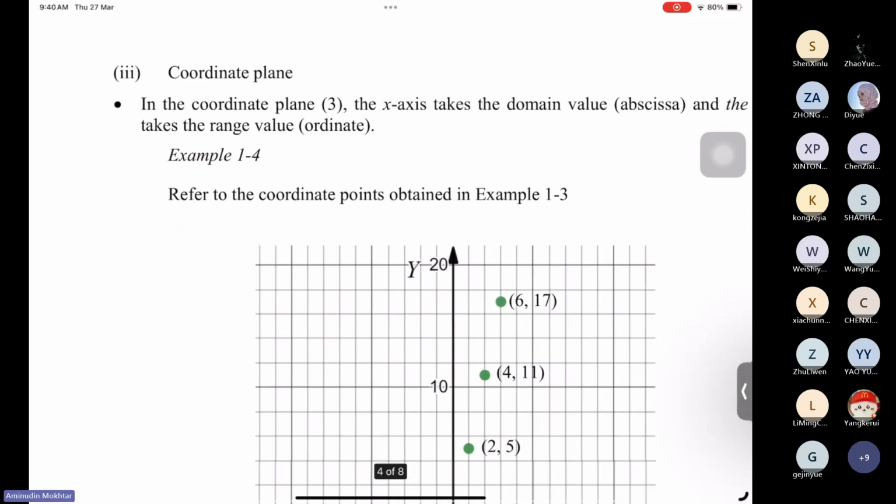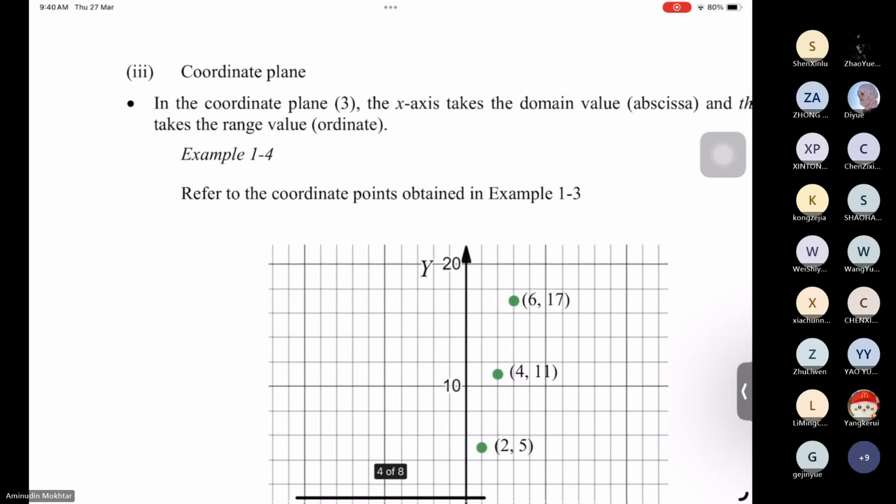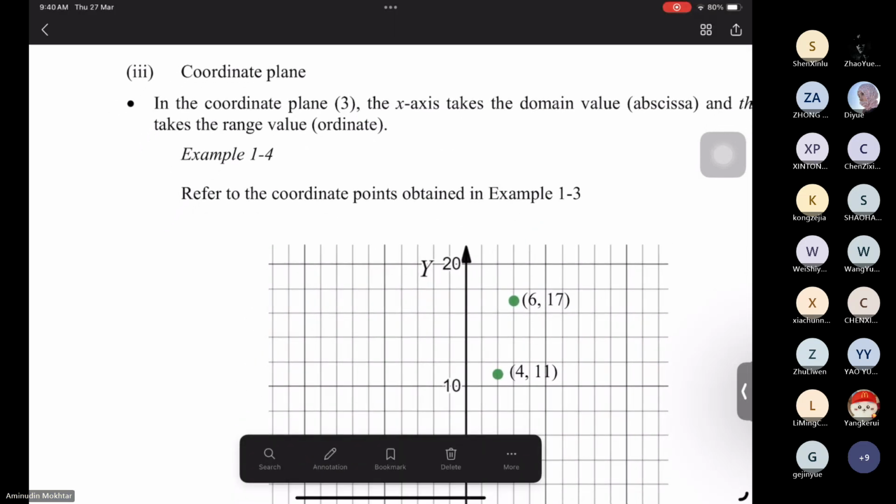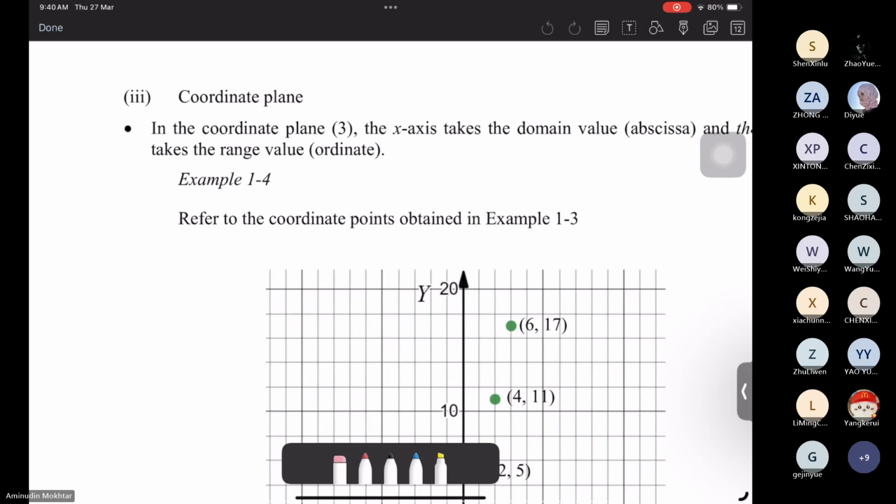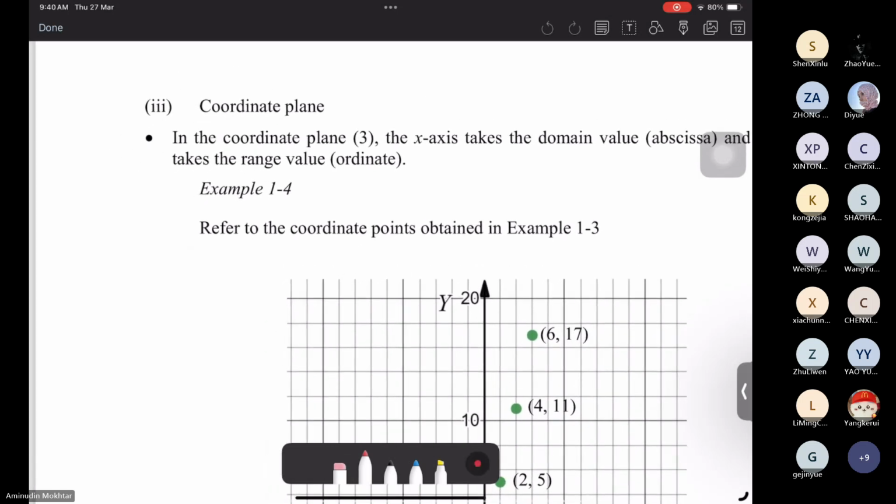I will focus on the coordinate plane or coordinate point.